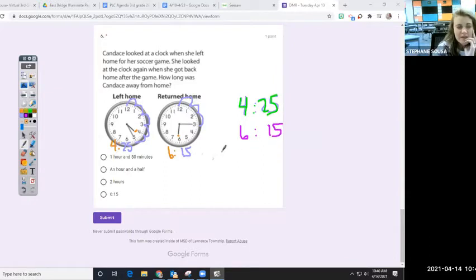I noticed that this is only 10 minutes away from a new hour. I also noticed that from 4 to 6 is 2 hours. So we have 2 hours minus 10 minutes.